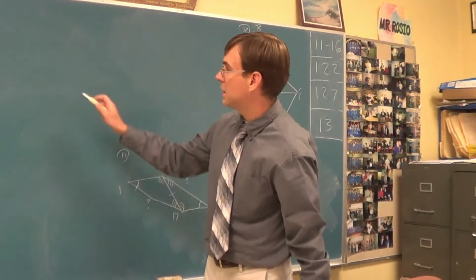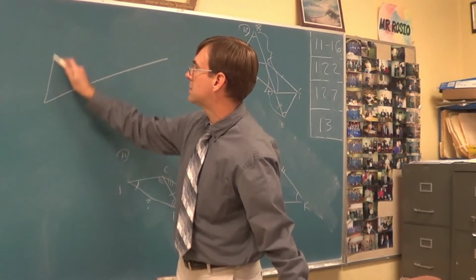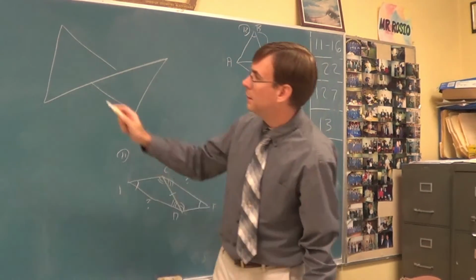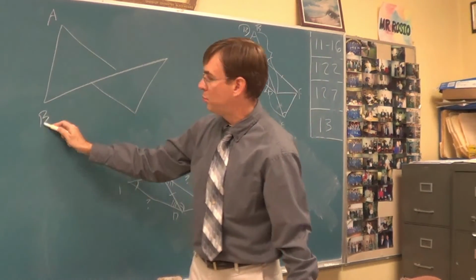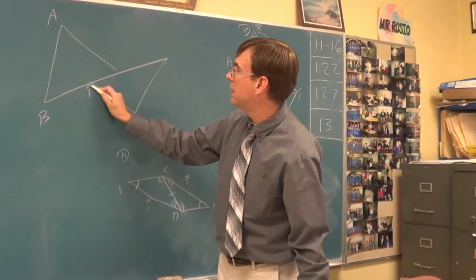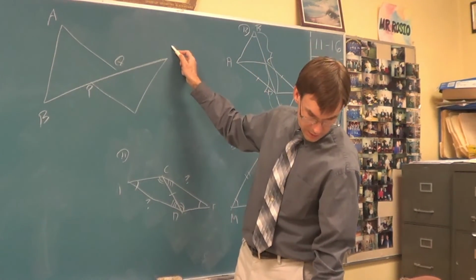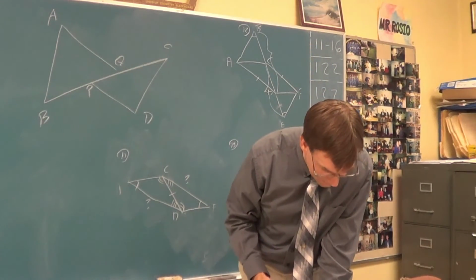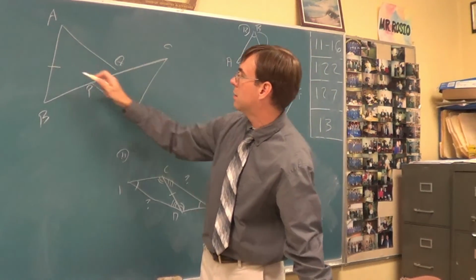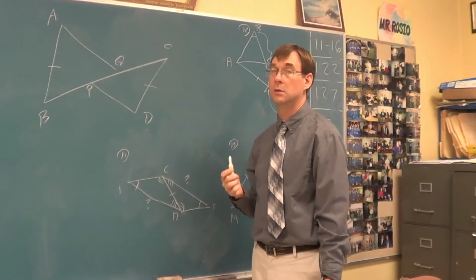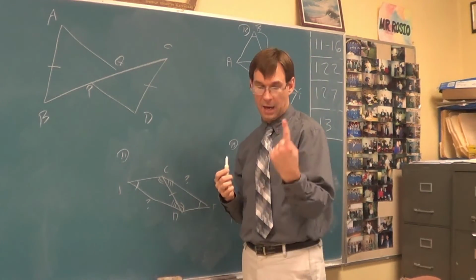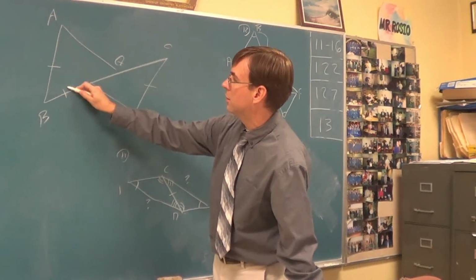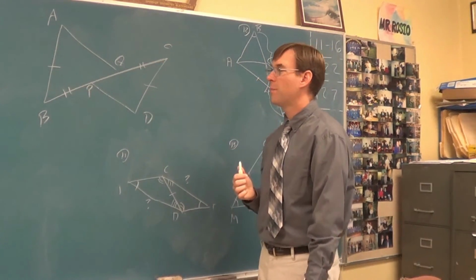So 16, I've got that triangle, I've got this triangle, I've got an A, B, P, Q, C, D thing going. It says AB equals DC. Are we happy about those? Yeah, count of 1. It says BP equals CQ. Are we happy about those?